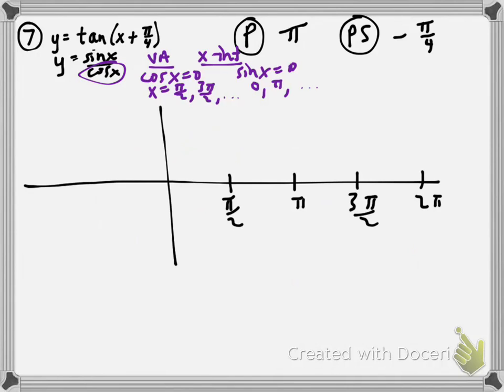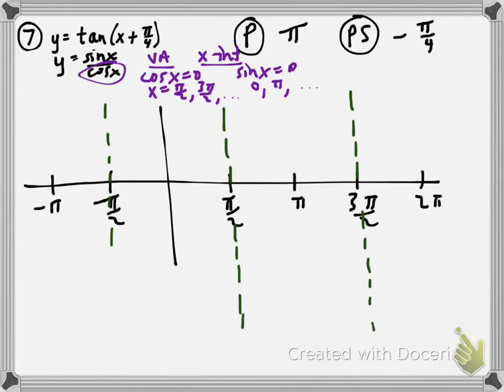We have negative pi over 2 and negative pi. And like I said, the asymptotes, let's put this in green, right here where x is equal to pi over 2. Because think about it, when x is pi over 2, the tangent doesn't exist. When x is 3 pi over 2, the tangent doesn't exist.